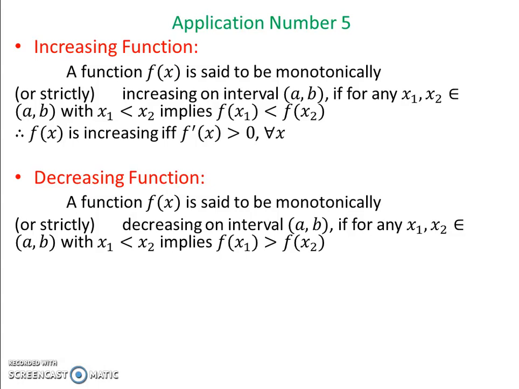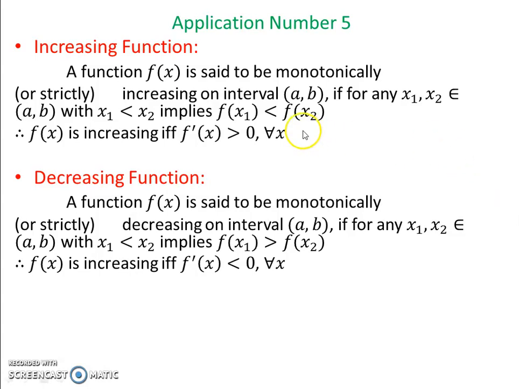That means as x increases, f of x is decreasing. So such a type of function is said to be a decreasing function. Hence, in the application of derivative, f of x is decreasing if and only if f dash of x less than 0 for every x.